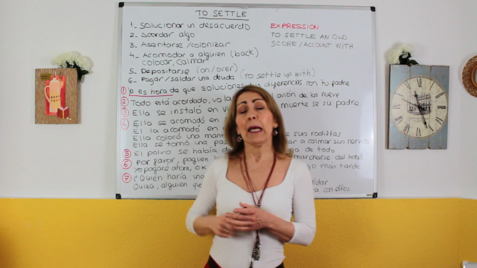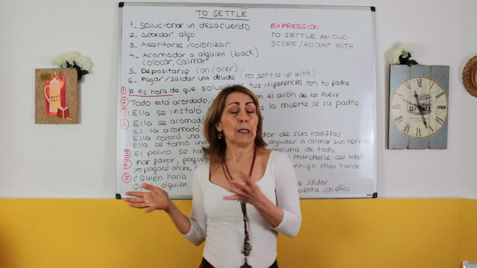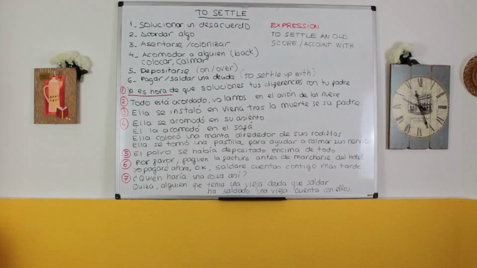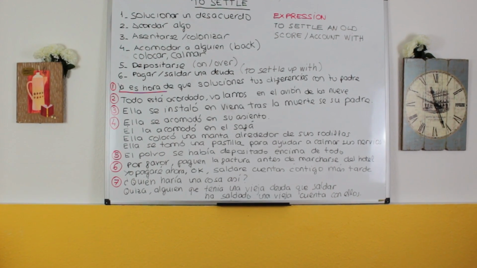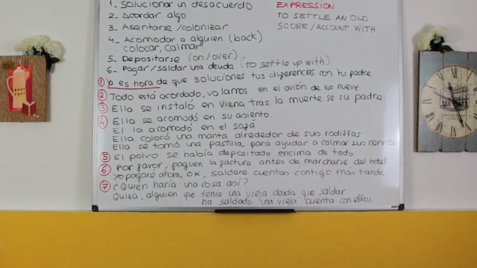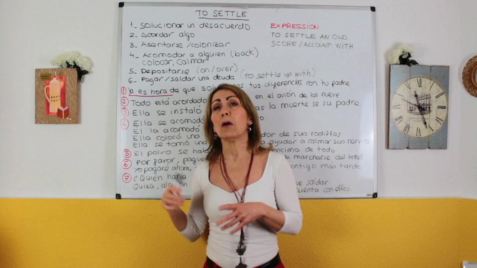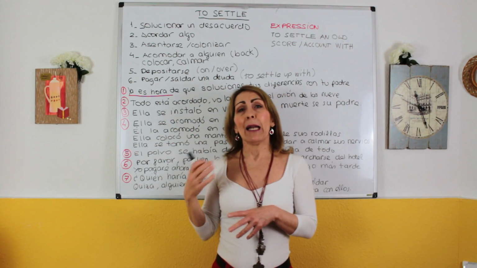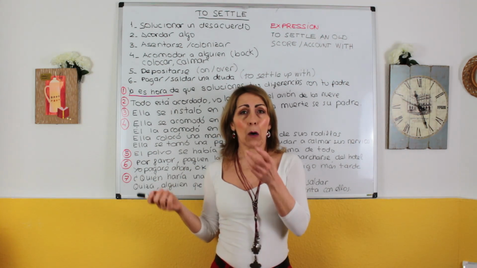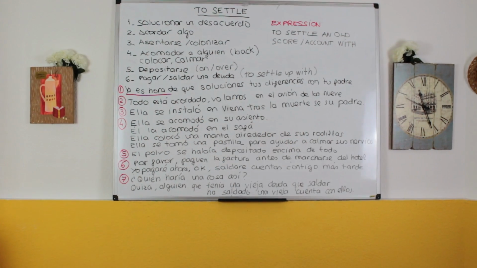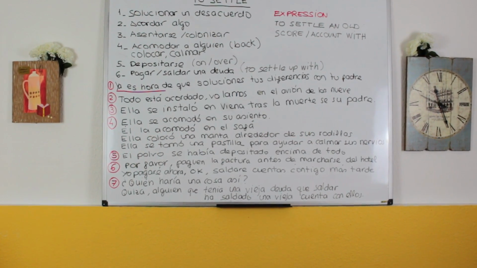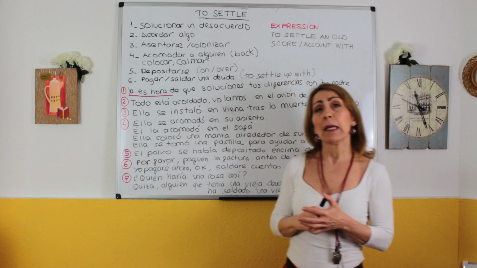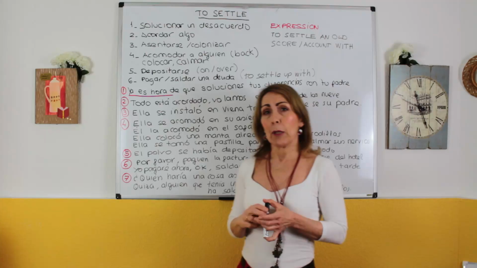The fifth meaning is to stay for some time on or over something. In Spanish, depositarse. Here we use the preposition on or over, on something or over something. And the last one, to pay money that you owe. Here, if we use the preposition up, we form the phrasal verb to settle up, which means saldar una deuda.